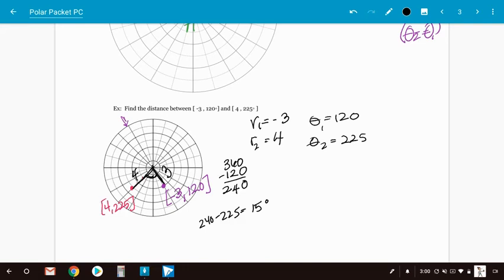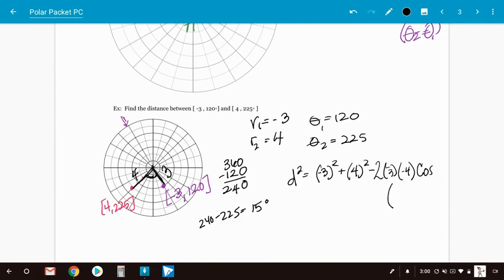Okay. So using my formula, I have distance squared equals the first one squared plus the second one squared minus -3 times -4. Oops, I forgot my 2 times the cosine.